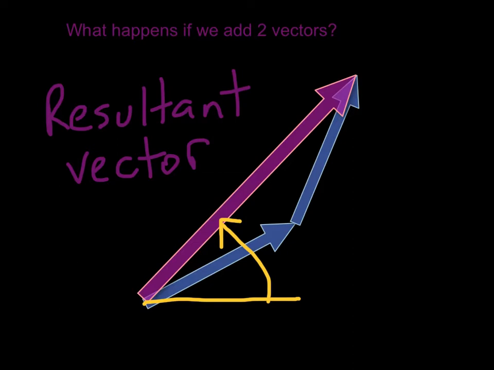So it takes the pieces of the journey, or the individual vectors, and gives us a vector that represents the overall or total journey. And this is the resultant vector that we are going to learn to calculate.